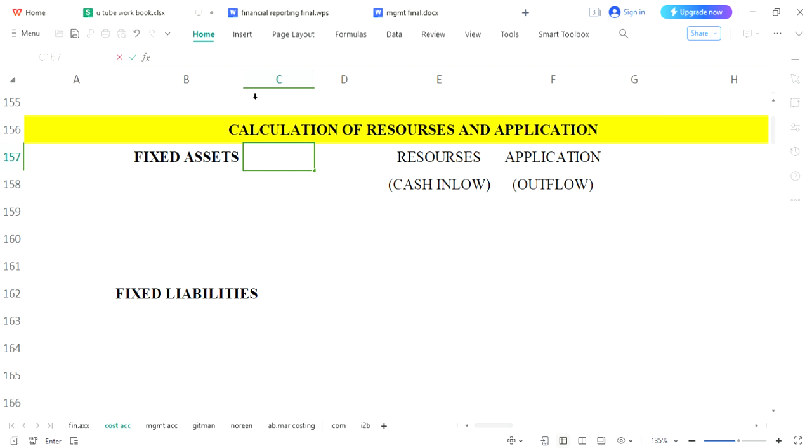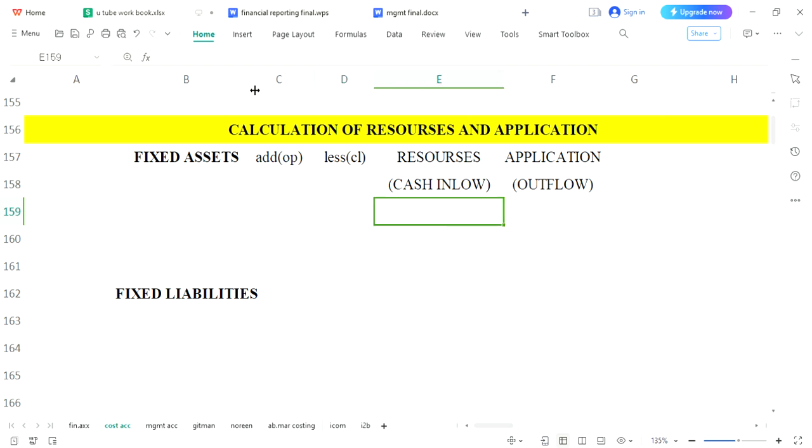As you know, you will add all of your opening assets and you will subtract all of your closing assets. So the sign of add will be used for opening fixed assets, and the sign of less will be used for closing assets. If you get plus, that would be a resource. If you get minus, that would be an application.